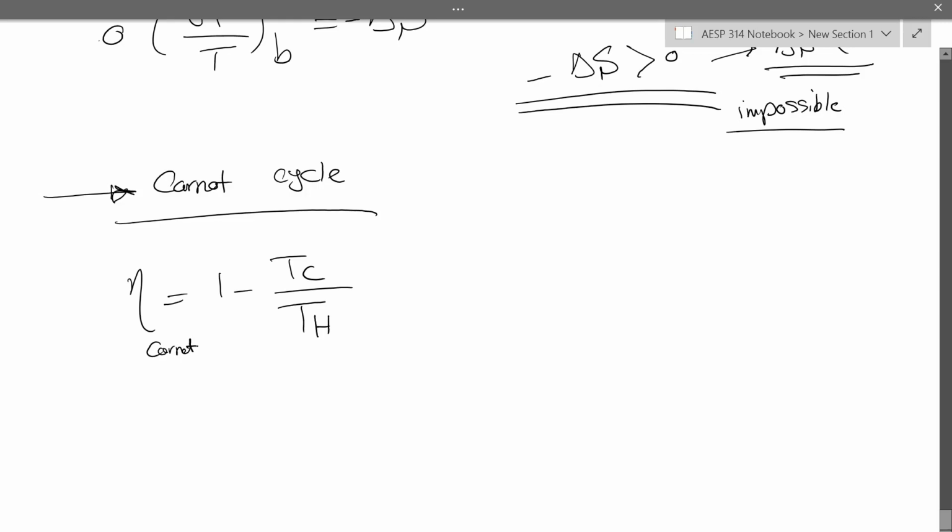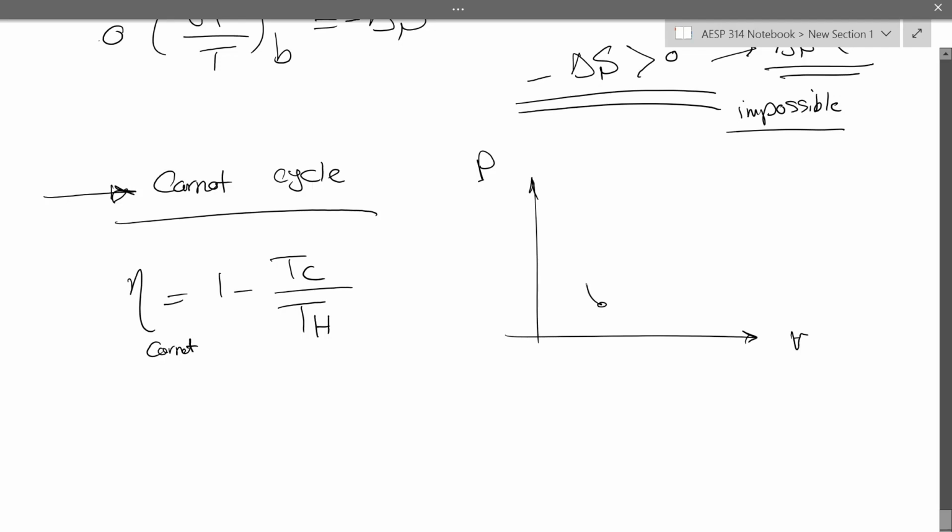And let's actually draw the PV diagram for the Carnot cycle. If you are dealing with a piston, a PV diagram of a gas power cycle essentially is going to look like this for a Carnot cycle.